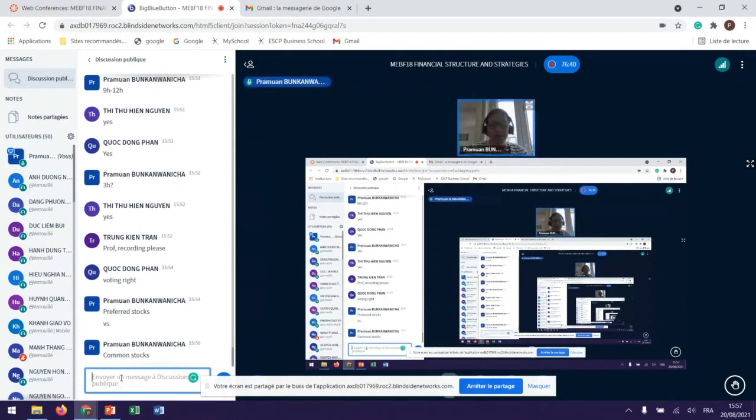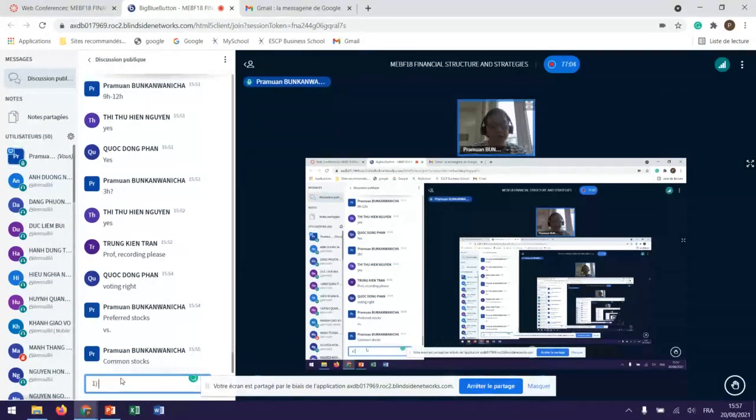In a common stock, when you buy a stock, you become a stockholder. You expect to get dividends and you expect to get capital gain. You not only get these cash flows, you also have the voting right. But when you buy a preferred stock, you become a preferred stockholder. You expect to get, first, what we call a fixed dividend.